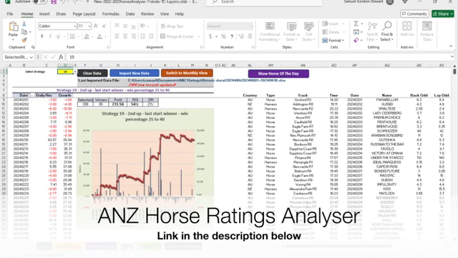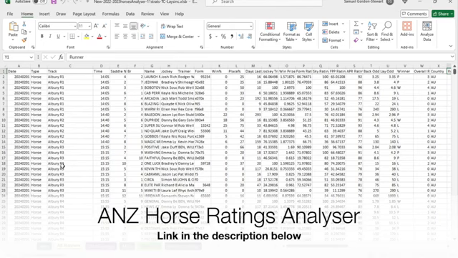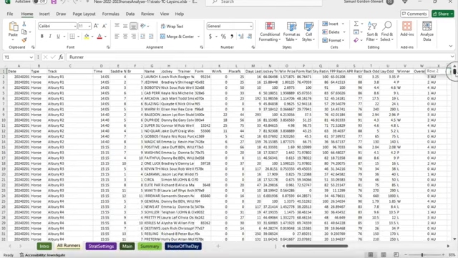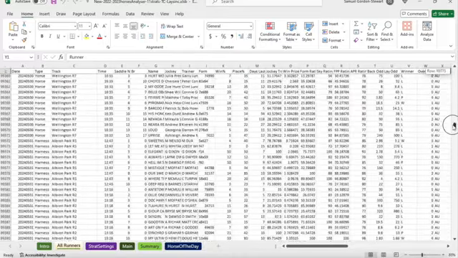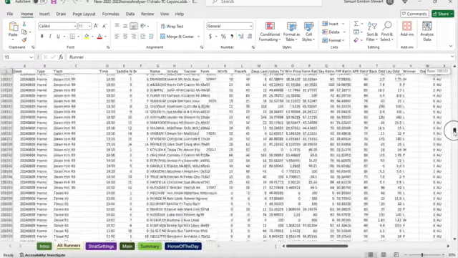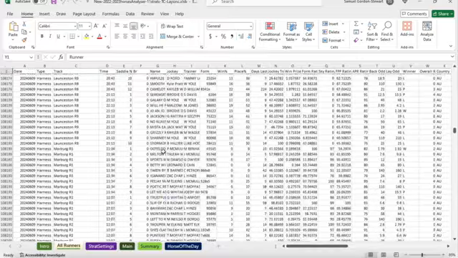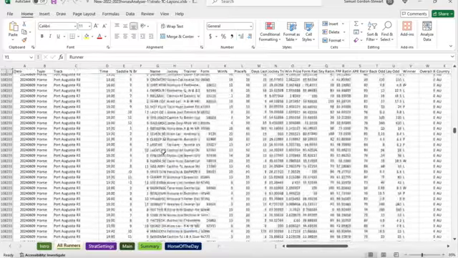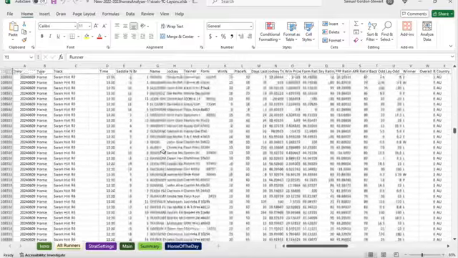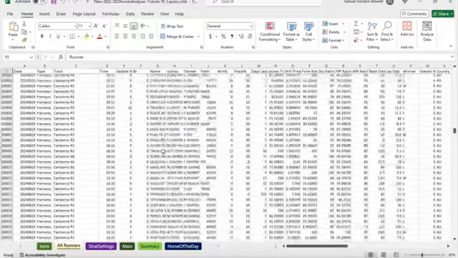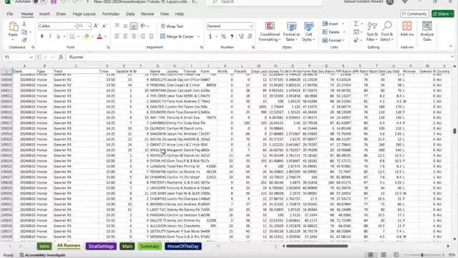Now, if I just go over to the all runners, you can see here I've got every runner from every race, going back a very long time, going back to February, and if I scroll down, I've got down to the end of yesterday, which was the 10th of June.